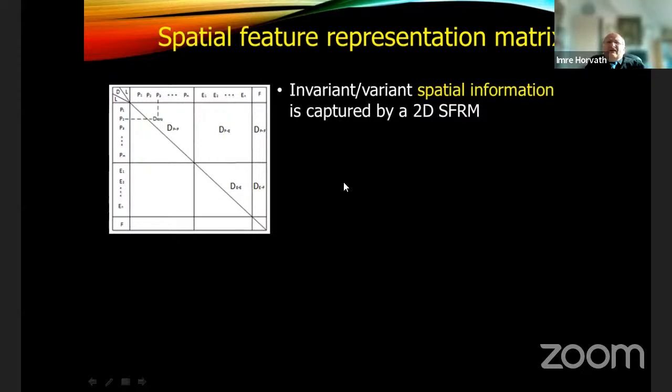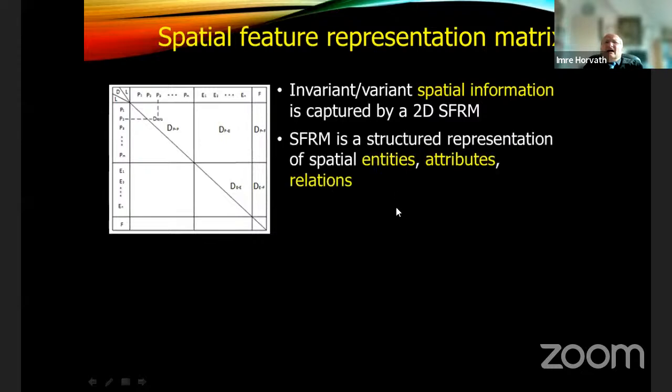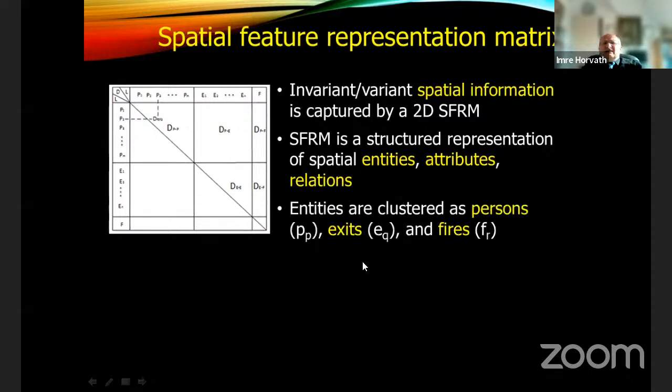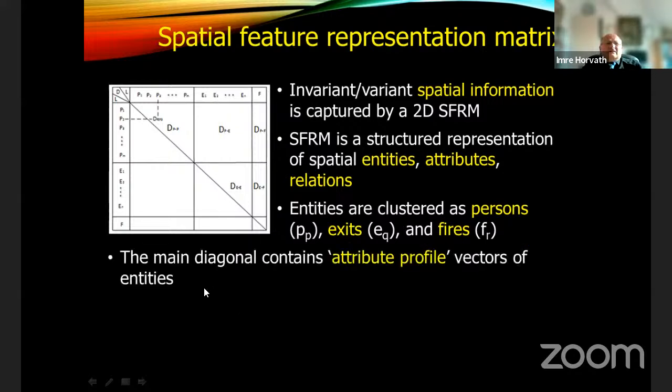So this sort of spatial feature representation matrix is a partly invariant, partly variant spatial information capturing means, and it is a structured representation of the spatial entities and their attributes. The attributes were included in the slots along the main diagonal, and also the relations. So the entities were clustered as persons, exits, and fires. This you can see here.